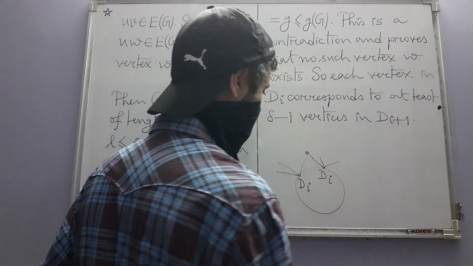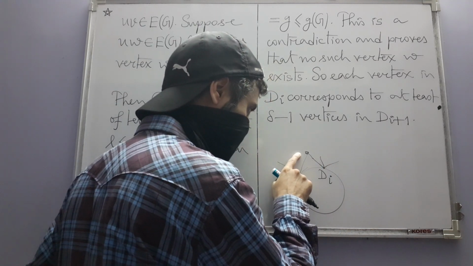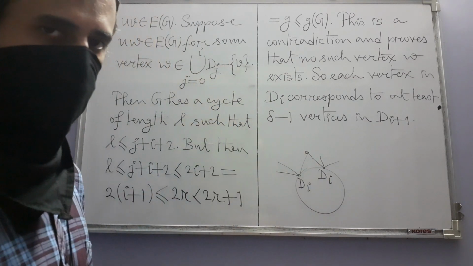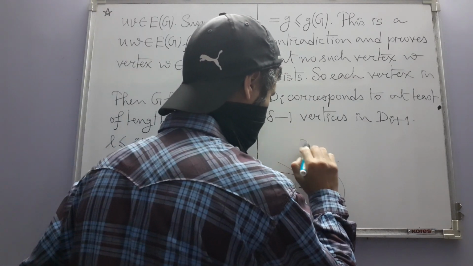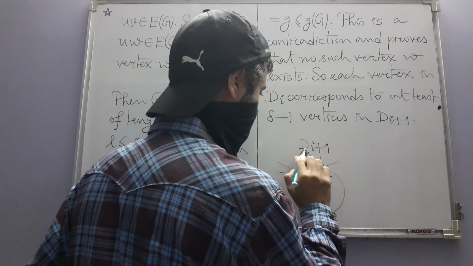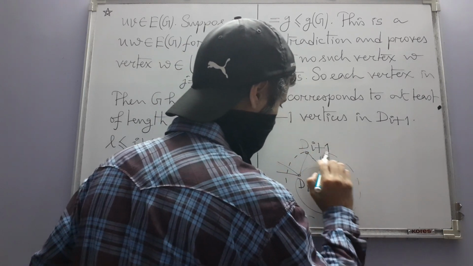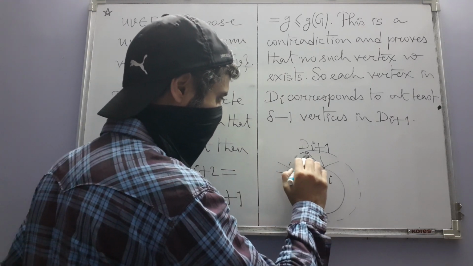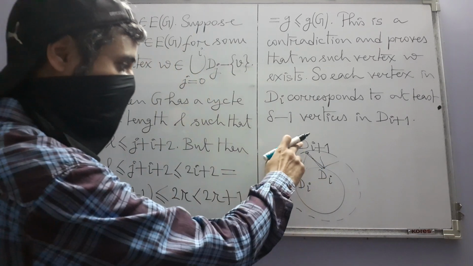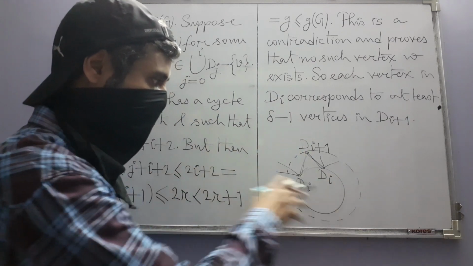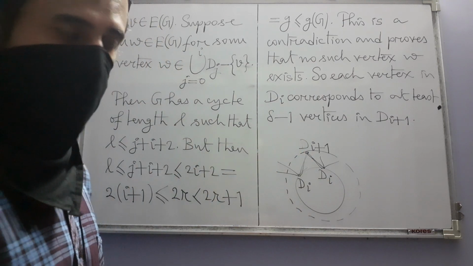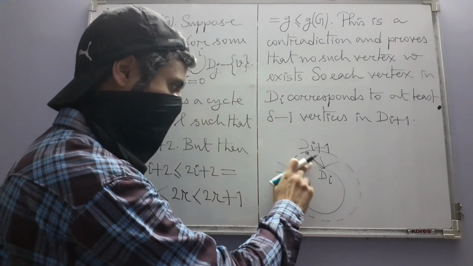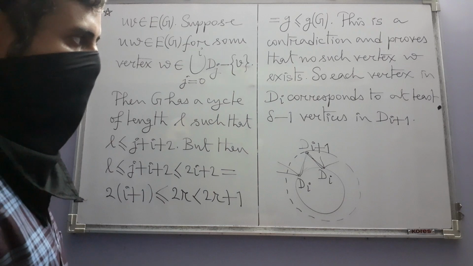However, this cannot happen, because if this happens, then already we are getting that contradicting situation. Because if you are at the level D_(i+1), we have already proven that only one edge can go back, not more than one. Okay, so whatever we argued for here already takes into account this situation.